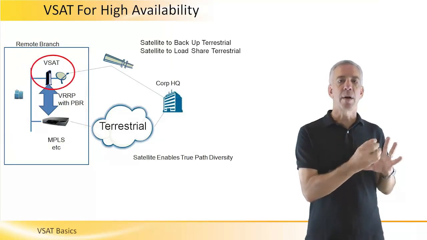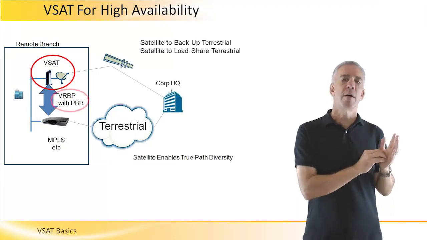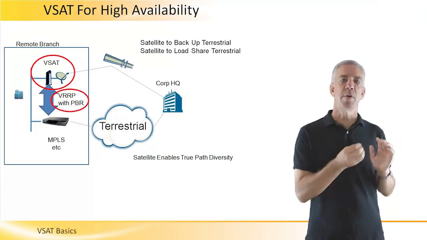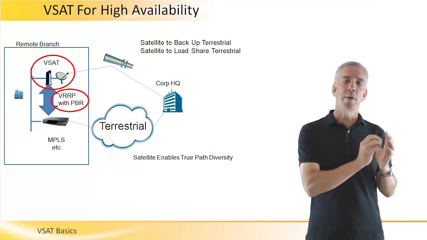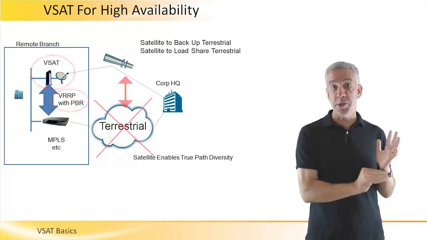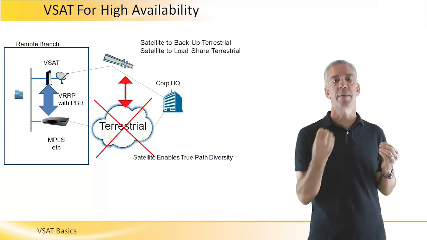The satellite router or satellite modem will talk VRRP, Virtual Router Redundancy Protocol, with the terrestrial modem, and this will enable the path selection. If the terrestrial path goes down, the satellite path can be active and carry all of the traffic.